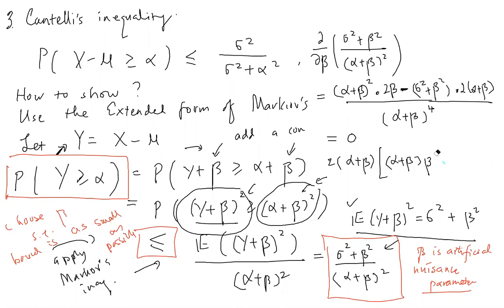So this is a minus sigma square plus beta square. Okay, let's set it to 0, right? So basically your alpha and beta are both positive, so you have to find it from here.